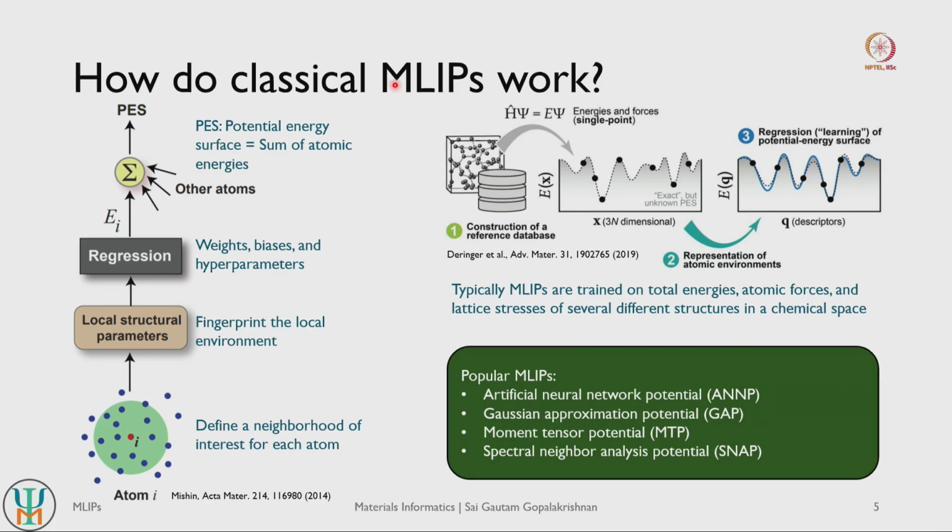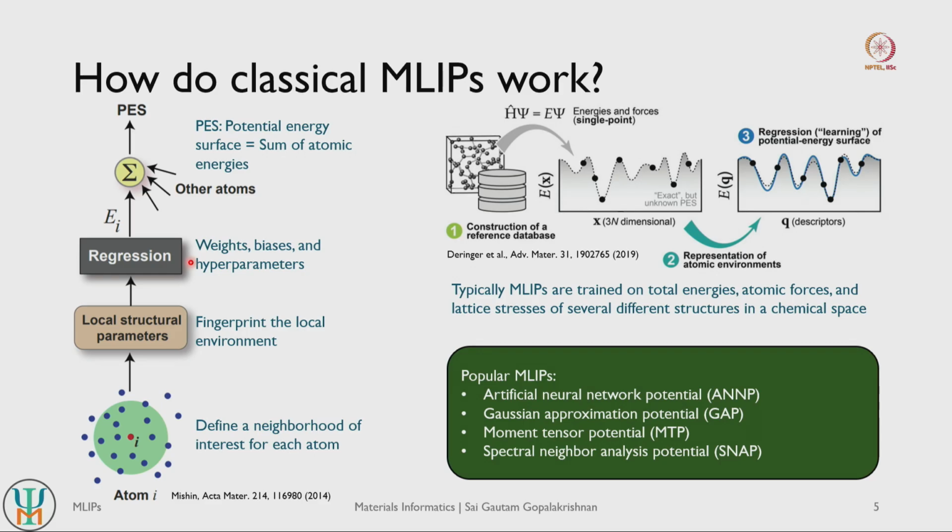So the way the classical machine learning interatomic potentials work is that, let us say you have a structure, so once again you identify an atom of interest, you draw a sphere of influence around that atom, and then you fingerprint this local environment, right. There are several different choices that we can exercise in how we construct these fingerprints, these embeddings or these features. But once you generate these fingerprints, we then go through a simple regression exercise, right. The regression during training is basically against reference DFT data.